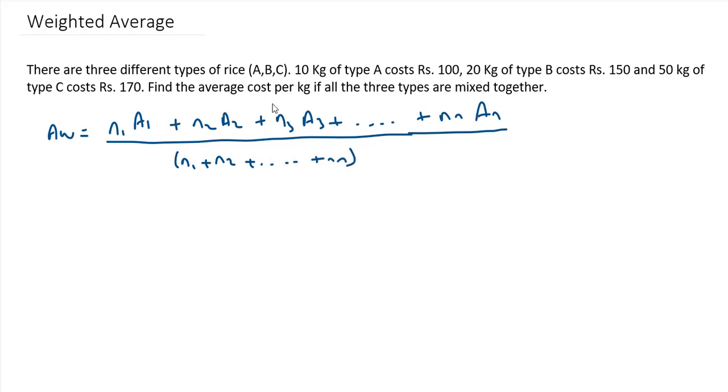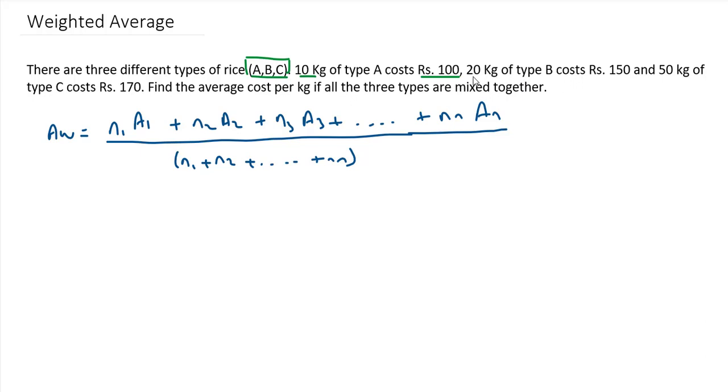So let us take one example and understand how to apply this formula. Let's consider this question. There are three different types of rice, A, B, C. So here we have three groups. 10 kg of type A costs 100 rupees. So the weight of the first group is 10 and the average cost of the first group is 100. 20 kg of type B costs 150.